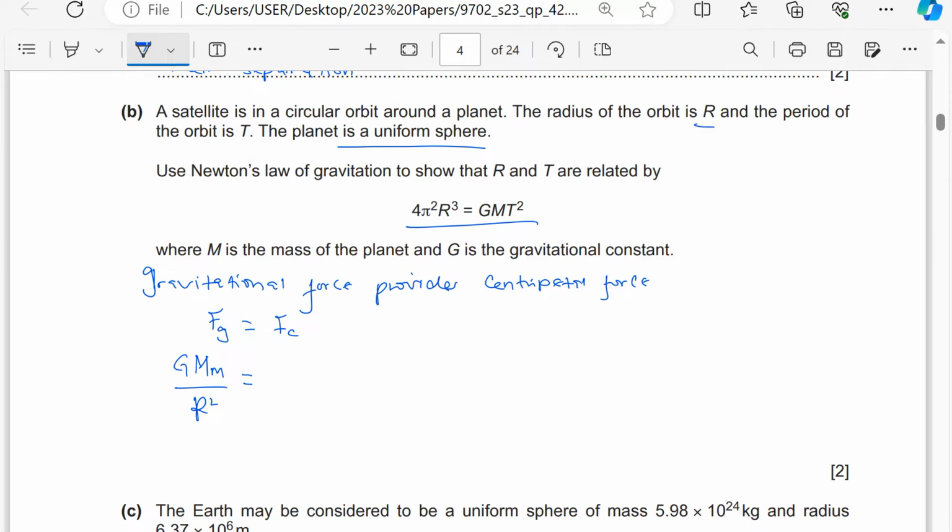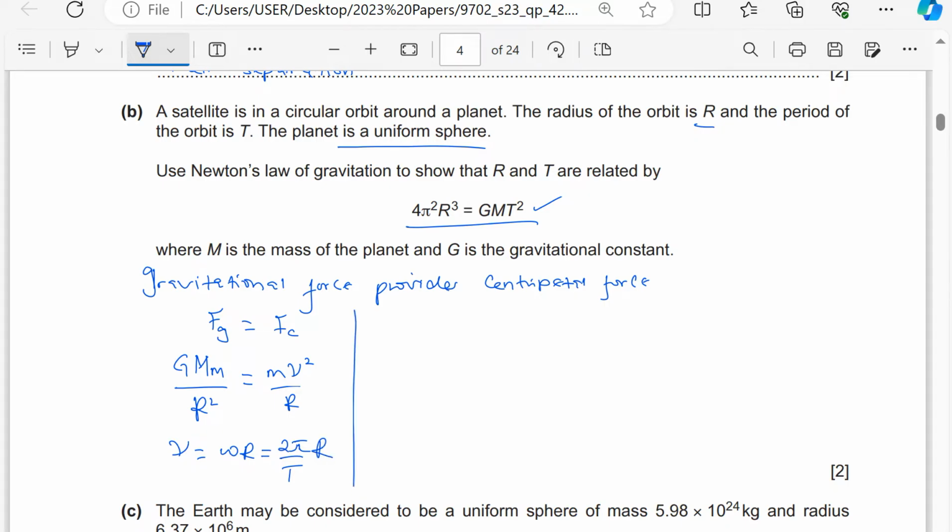Then the centripetal force is given by small m times v squared divided by r. And of course, I want to derive this expression here. So we know that v equals omega times r, and omega is 2 pi over period. So this is 2 pi over the period times r.